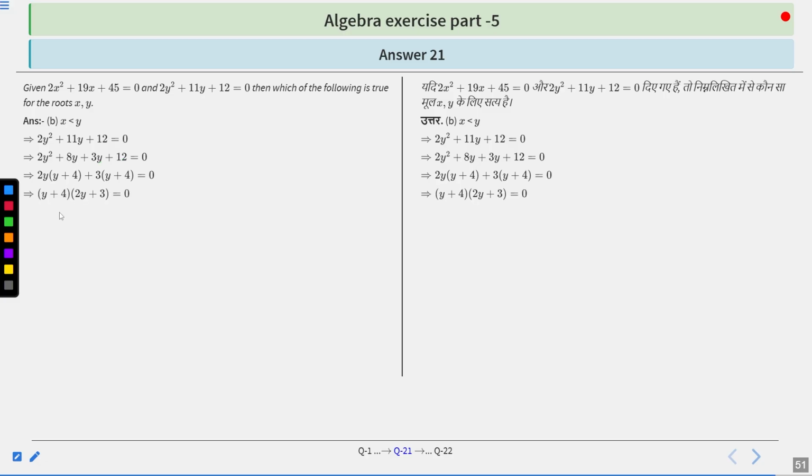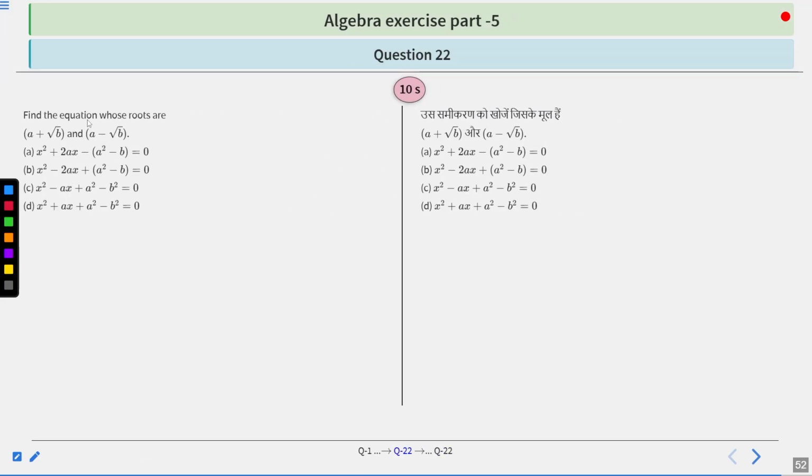That is equal to 0. So y plus 4 and 2y plus 3 are the two factors. So if y plus 4 equal to 0, then y is going to be equal to minus 4. And if 2y plus 3 equal to 0, then y is going to be equal to minus 3 upon 2. So it is clear that values of y are always greater than values of x. Therefore, option number B, x is less than y, is the correct answer.